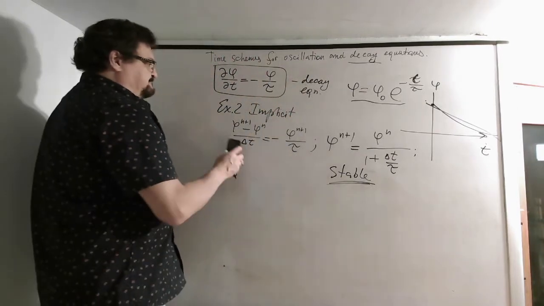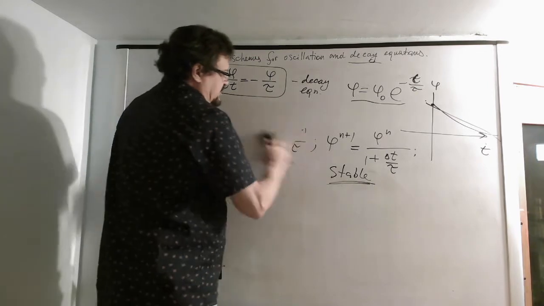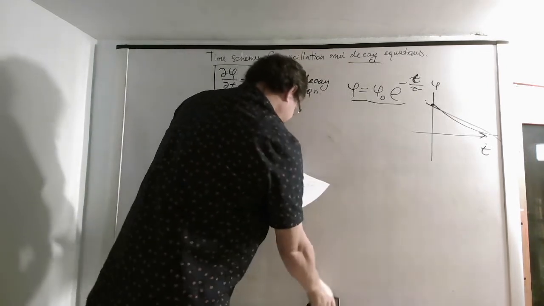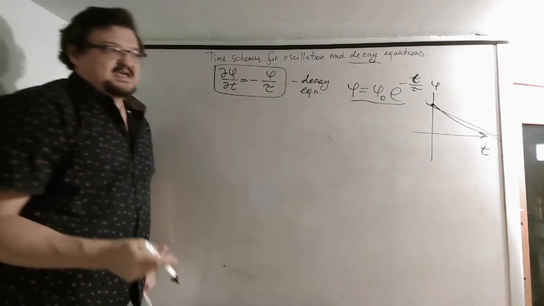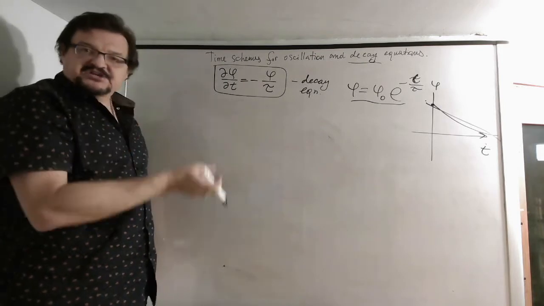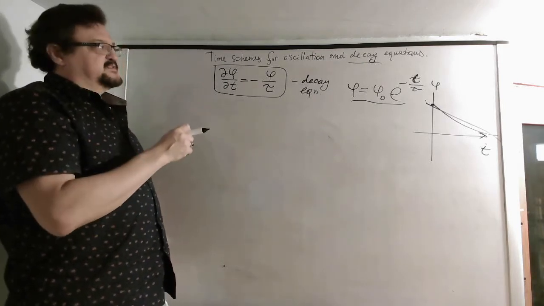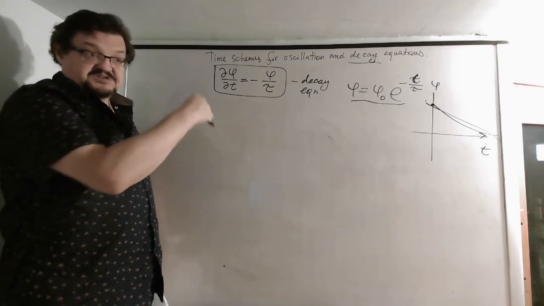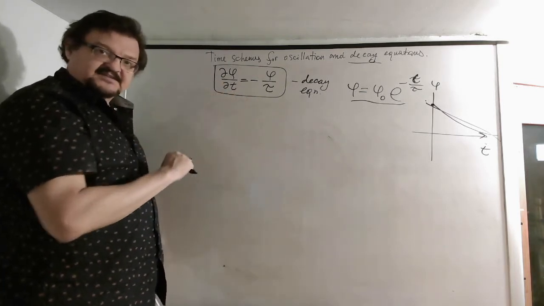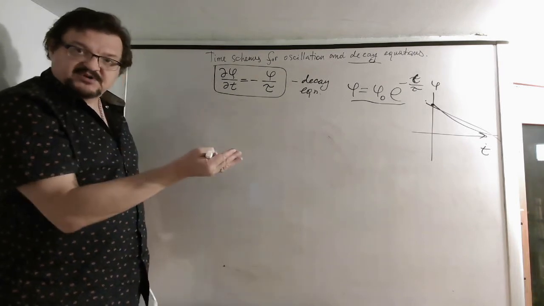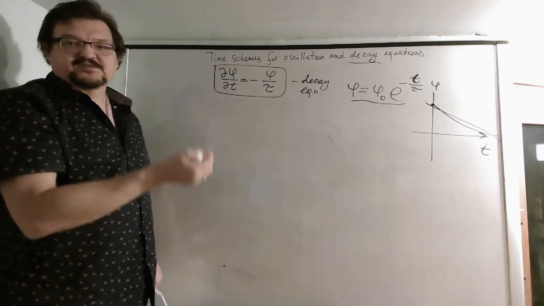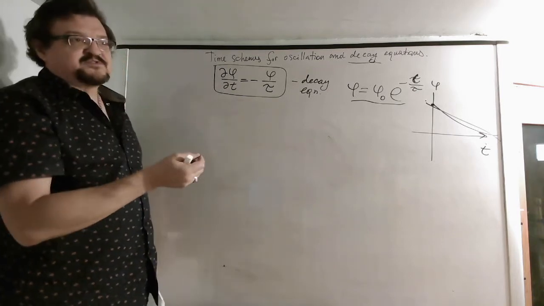Okay, so it's stable. Example 3. So now let's say that you use a leapfrog scheme. Because very often when you use leapfrog scheme with your advection, with your diffusion and other processes, you just add this damping or decay term to the right hand side of your momentum equations or some other equations, like some equation for scalars, for temperature, for example.